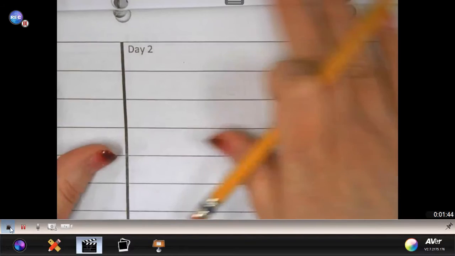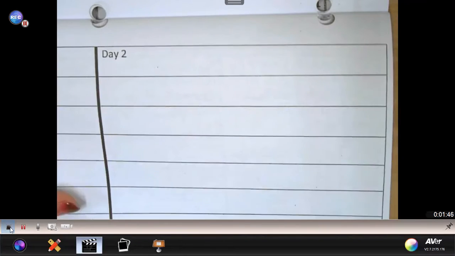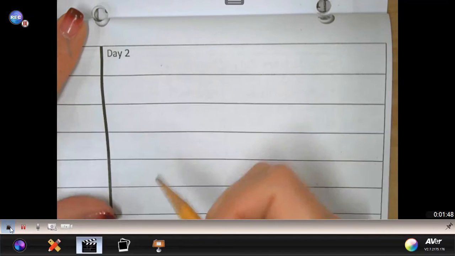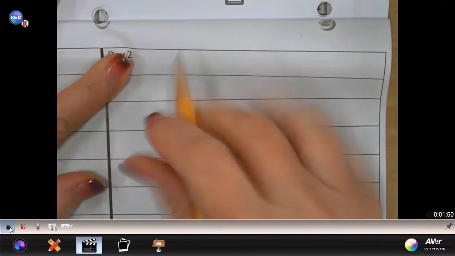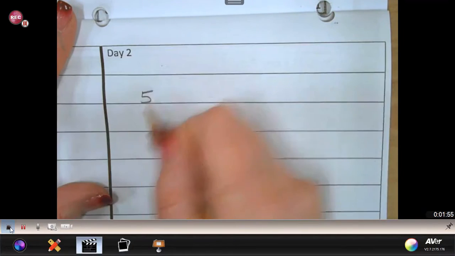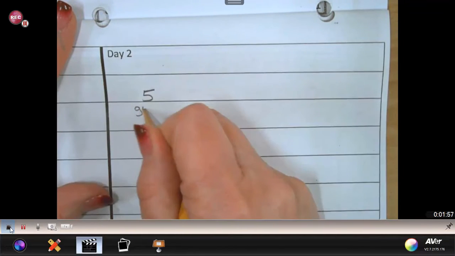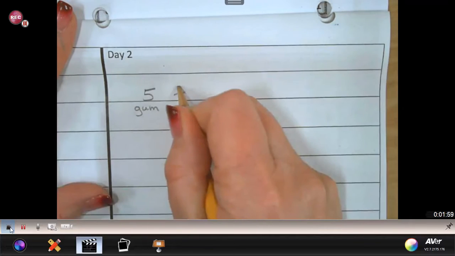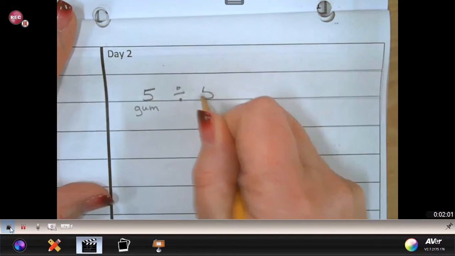So this is day 2. And you will notice that I have my total number of pieces of gum. So I'm taking those pieces of gum and I'm sharing them and dividing them between my teammates.